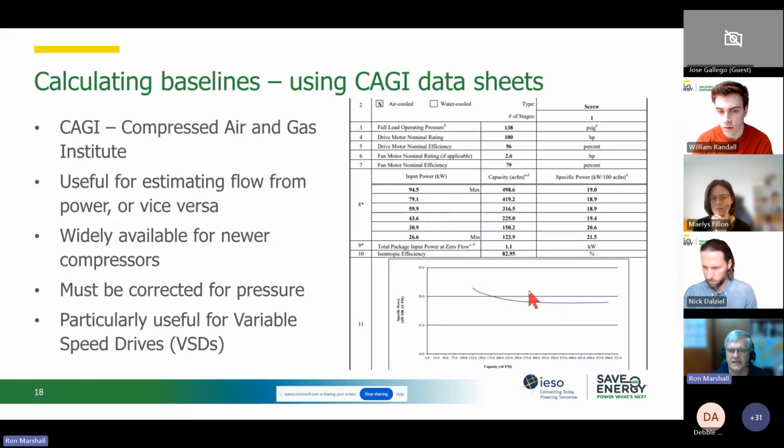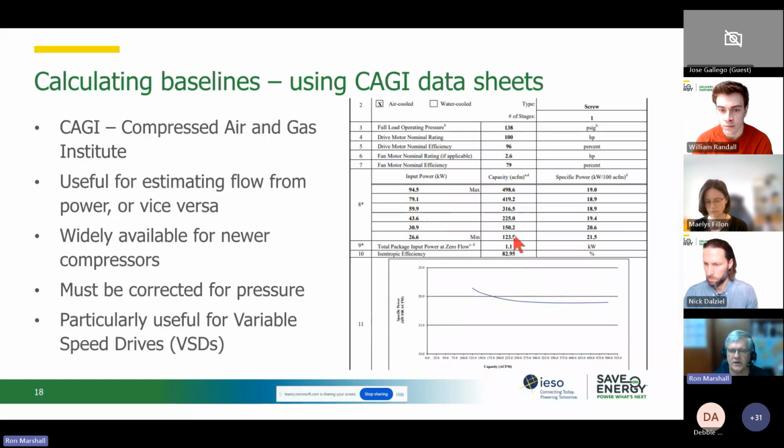So if you're running at a lower pressure than this test pressure, then you have to adjust, right? One thing here, isentropic efficiency, that takes the pressure adjustment away when you're comparing compressors, right?